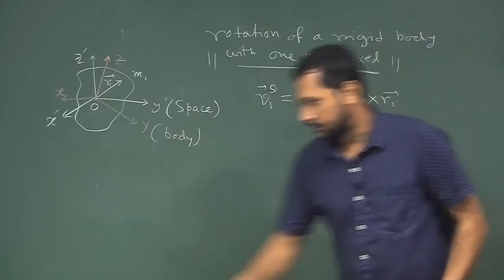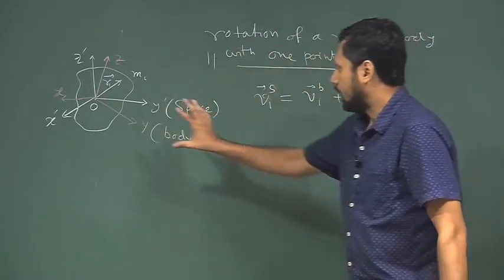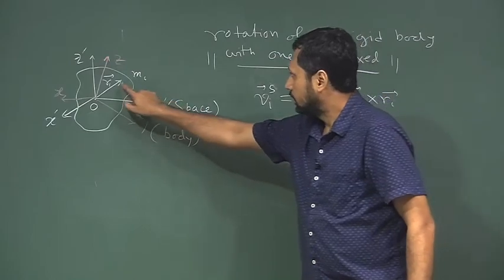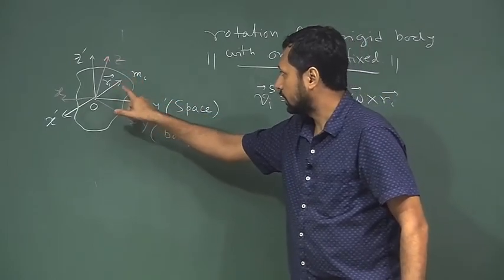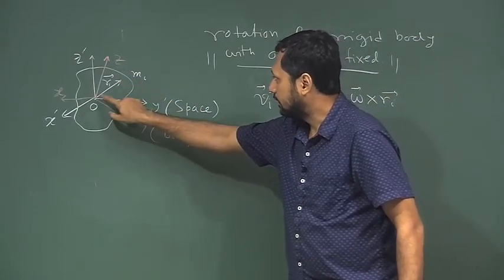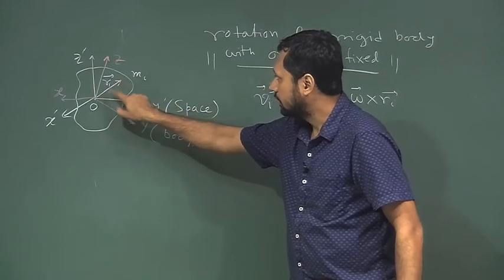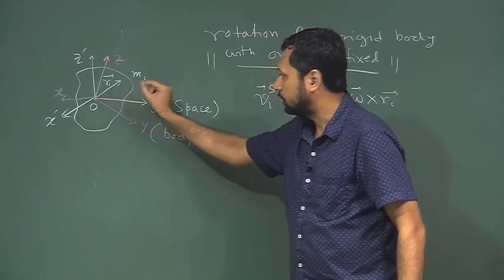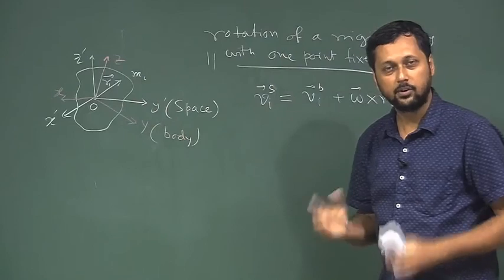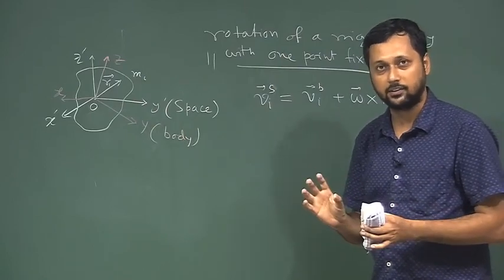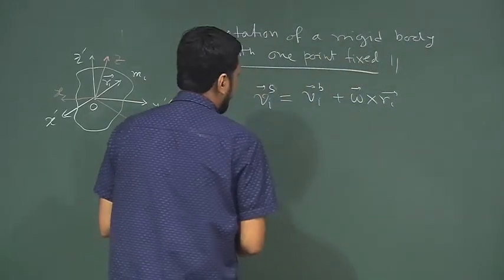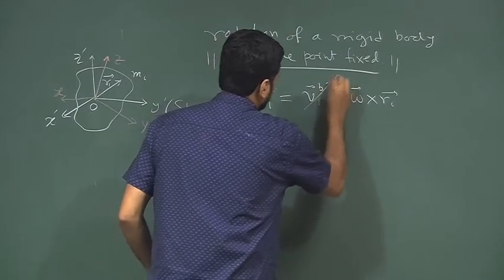Now, as we are discussing a rigid body with rotation, the relative positions of these point masses are not changing with time, because it is a rigid body, the relative position is fixed. So, that is why v I body is identically 0.